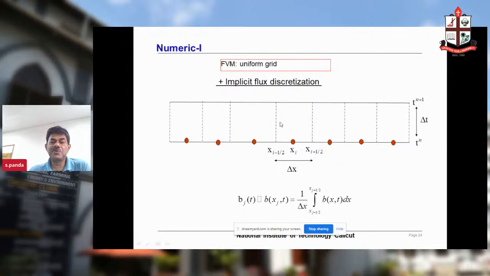So within this neighborhood, you see the small dotted lines. So they are one volume. That means if you are solving any quantity like population, in space and time, everywhere they are equal. So that is the average quantity. So finite volume is a solution in the volume, but finite difference is a solution at the point. So that is the difference.